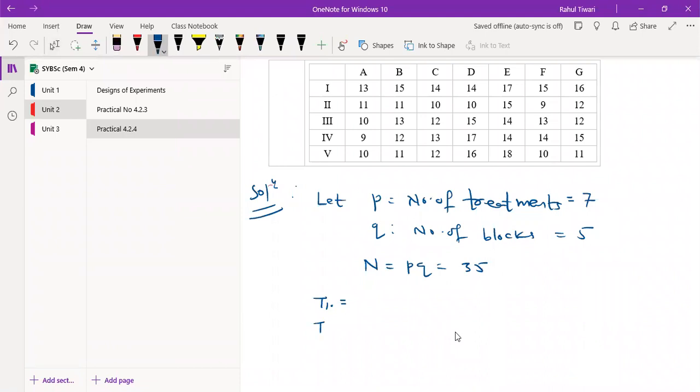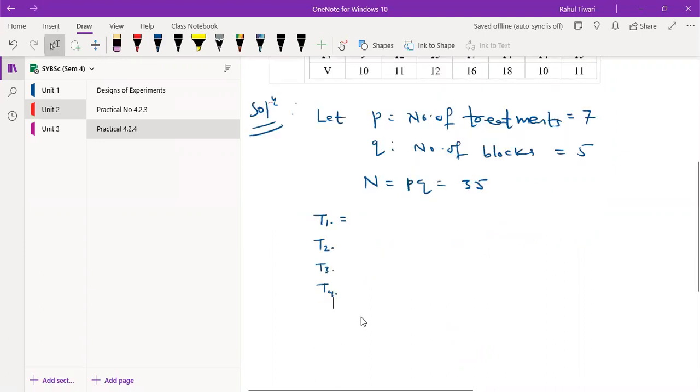Similarly, T2 dot, T3 dot, T4 dot, T5 dot, T6 dot, T7 dot. That means we get the totals of all treatments.